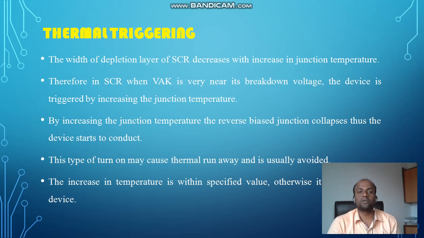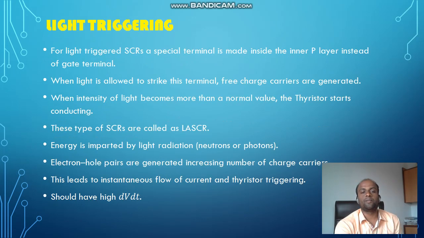If we apply appropriate temperature at junction J2 externally, then resistance will decrease and leakage current will increase. As leakage current increases, temperature of the junction increases, again resistance decreases and leakage current increases. This is a continuous process, and due to this the device will start to conduct.